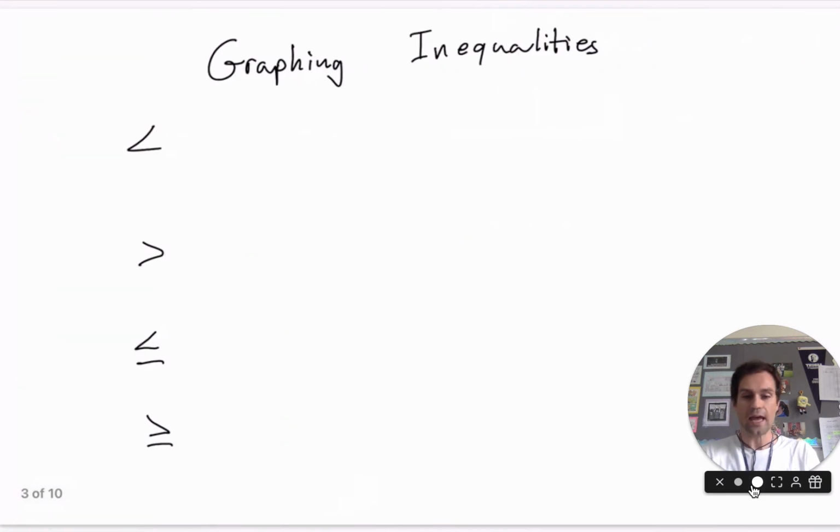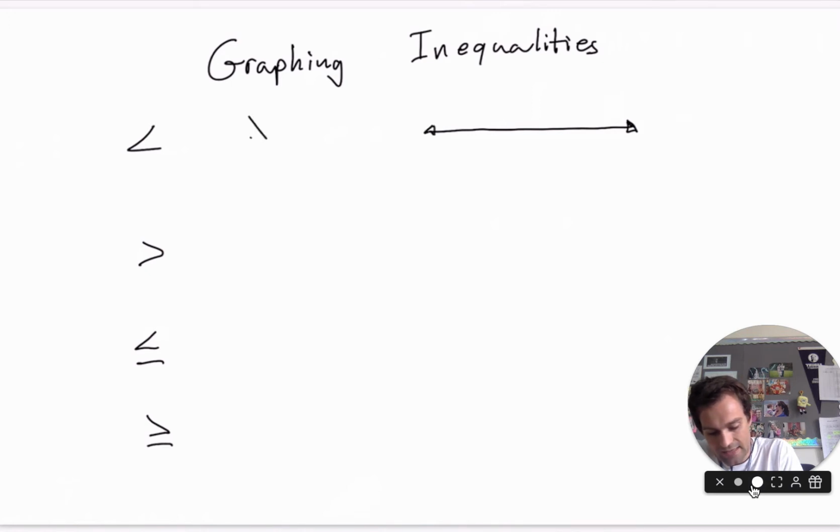So we can look at inequalities. We can also graph inequalities. So if we're graphing the inequality less than, think of this on the number line here. If we said x is less than 5. So we're at 0. This is 5.